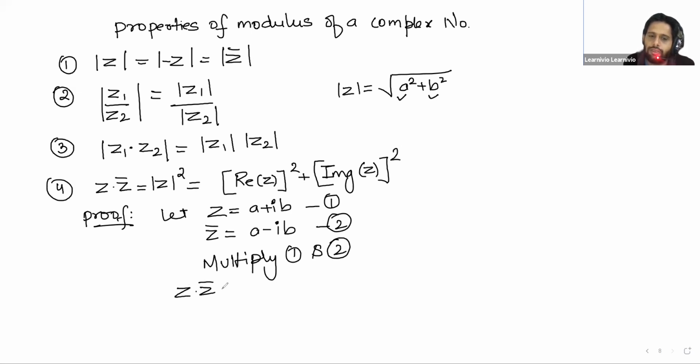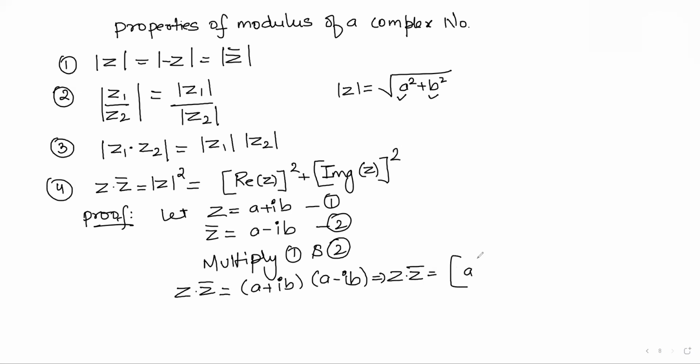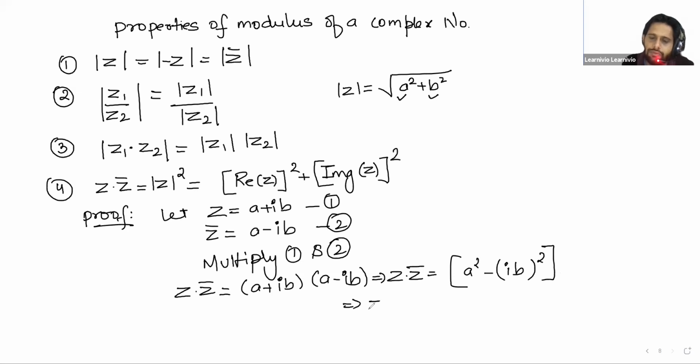Z into Z conjugate is equal to A plus iota B and A minus iota B. And this will be equal to A square minus iota B whole square. So this will give you Z into Z conjugate equal to A square. Iota square will give you a negative sign, this becomes positive. So Z into Z conjugate is this. So we can also say that this is modulus of Z square.